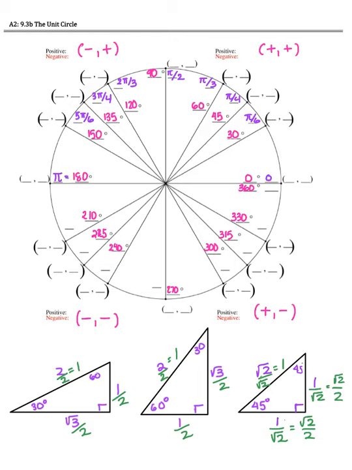So 210 is going to be 7 pi over 6. And again, this was if we went around and counted by 30. So pi over 6, 2 pi over 6, which is pi over 3, 3 pi over 6, which is pi over 2, 4 pi over 6, which is 2 pi over 3, 5 pi over 6, 6 pi over 6, 7 pi over 6.